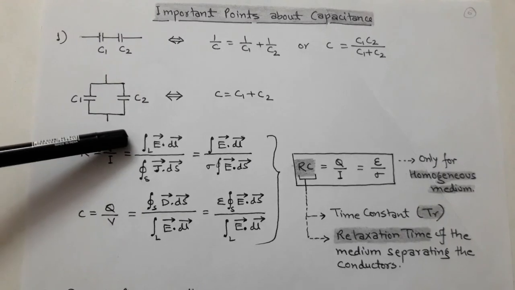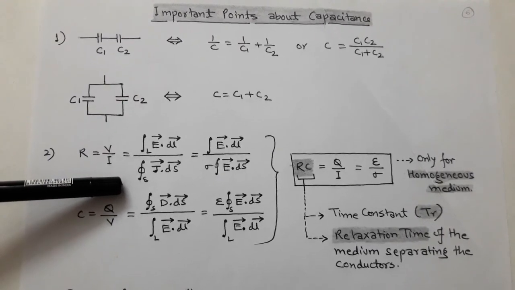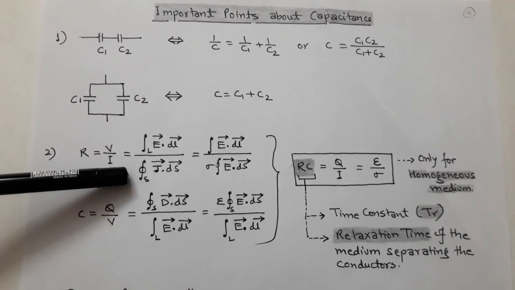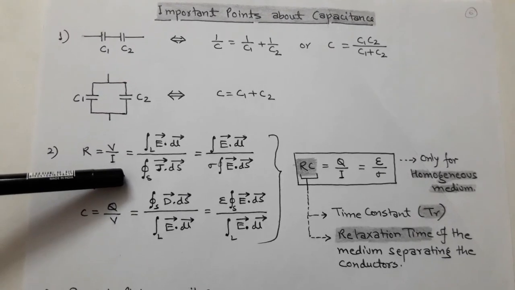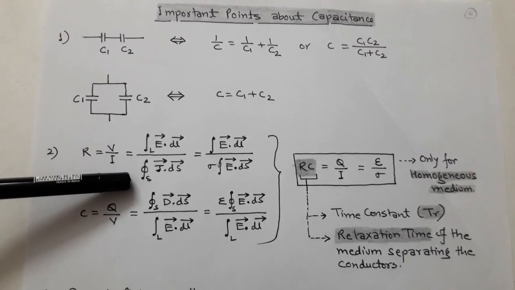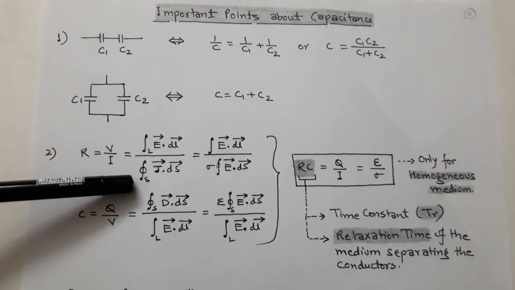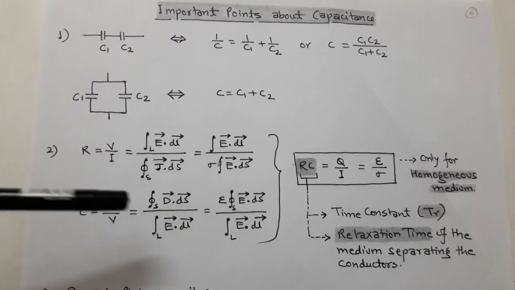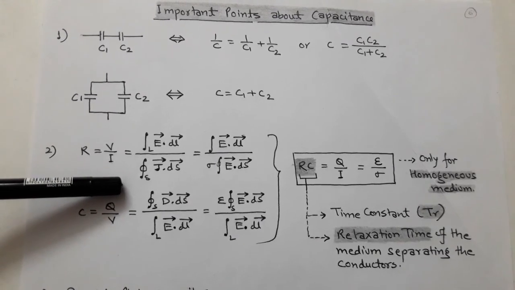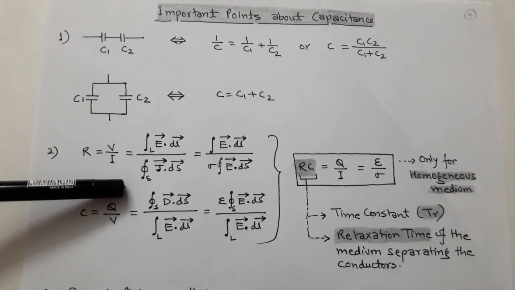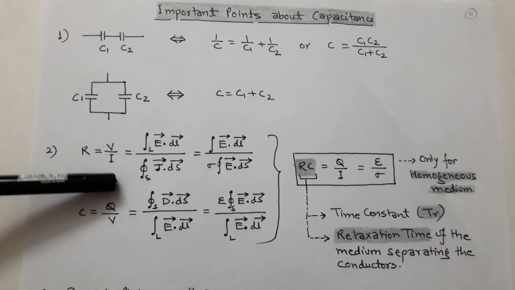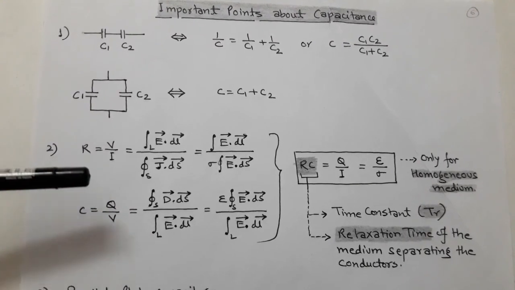Here the negative sign is neglected because we are interested in the absolute value of the potential. And in place of I we can write surface integration J dot ds. Now we know that J equals sigma E, that is the point form of Ohm's law. So in this case we can determine R, that is the resistance.